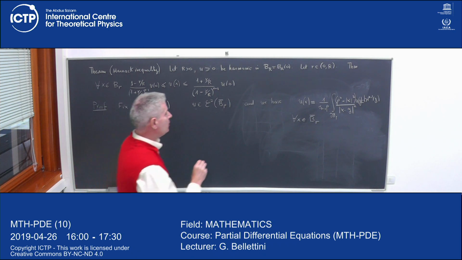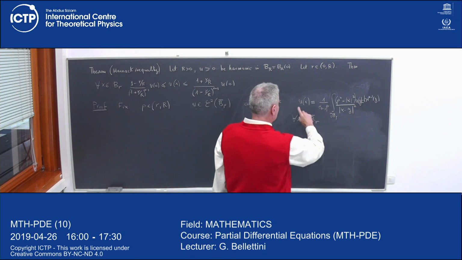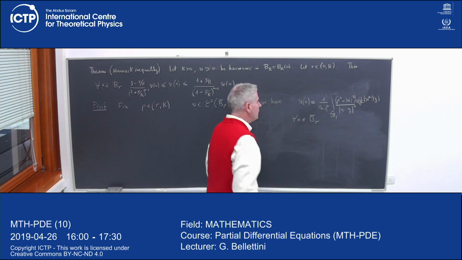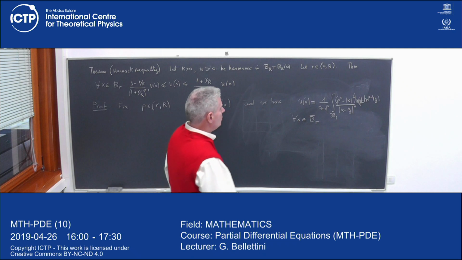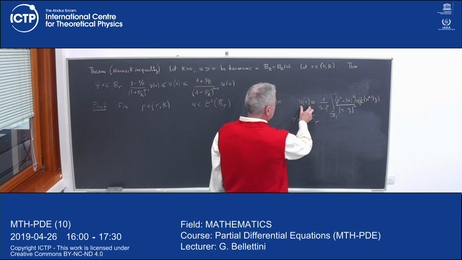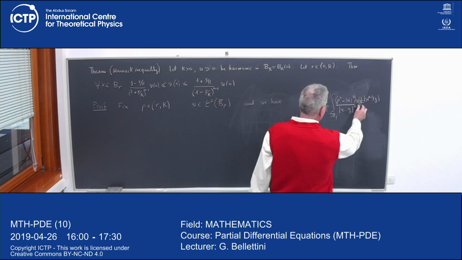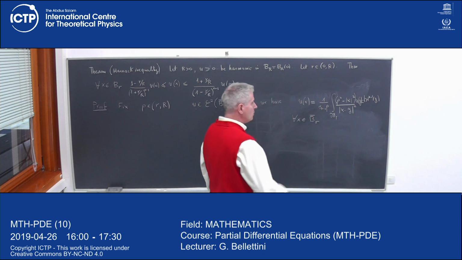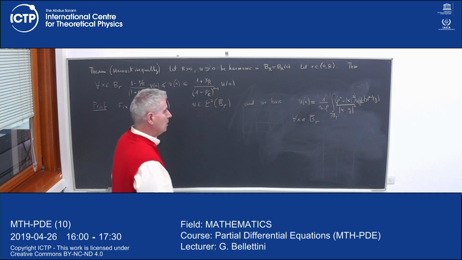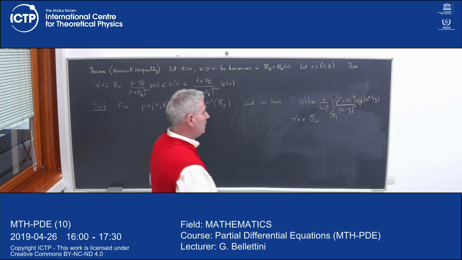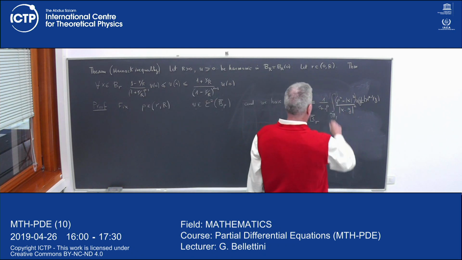And we have the representation formula that we saw yesterday, that surely U can be written as an integral of its boundary values multiplied by this kernel here and these factors.